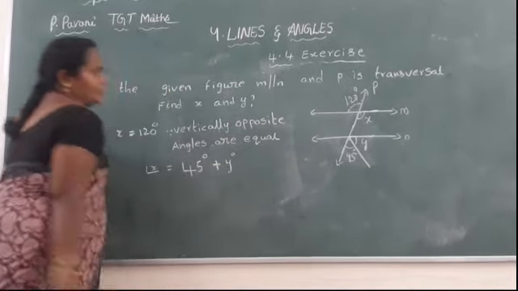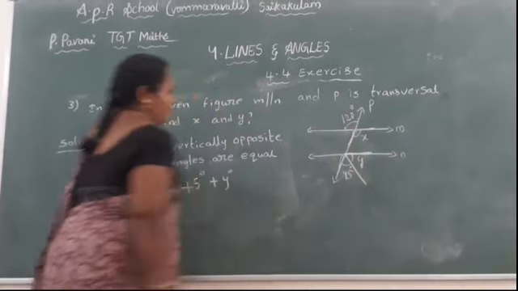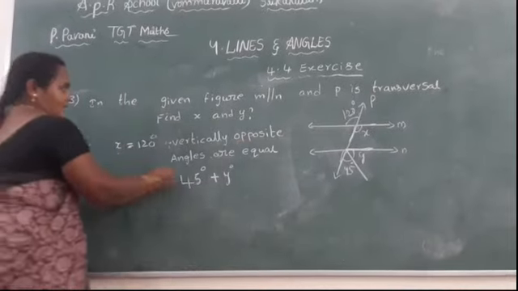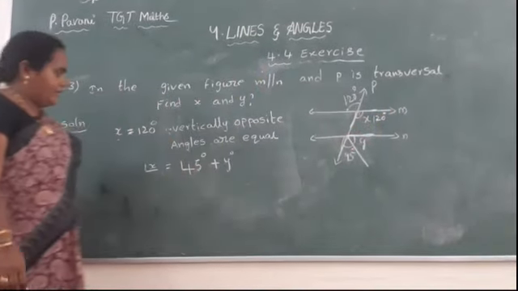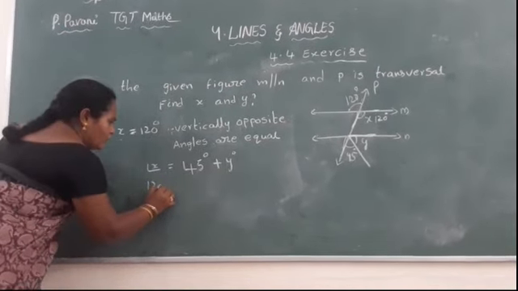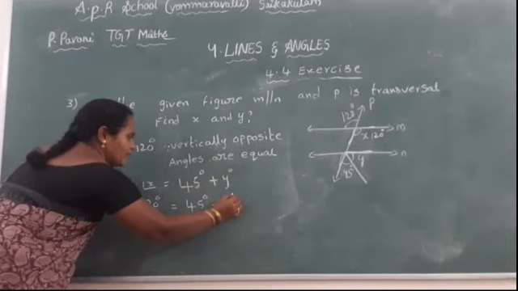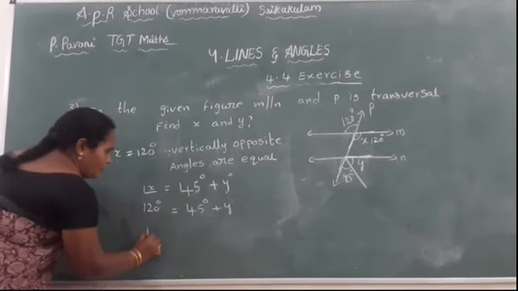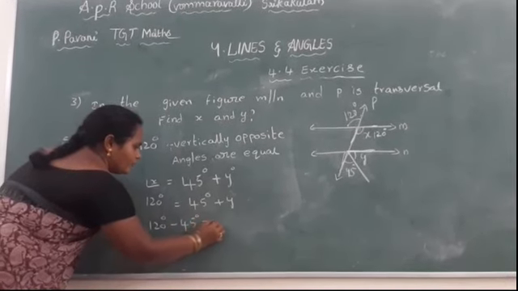Corresponding angles property: corresponding angles are equal. Angle x is equal to 120 degrees, so 120 is equal to 45 plus y. 120 minus 45 is equal to y.